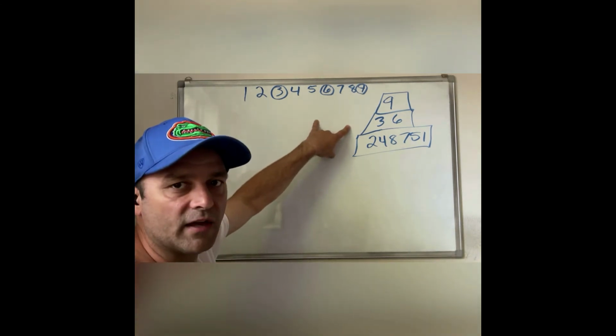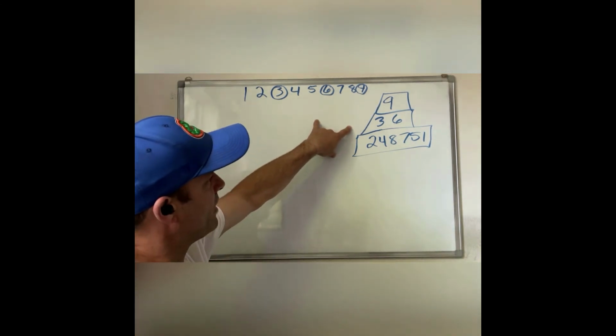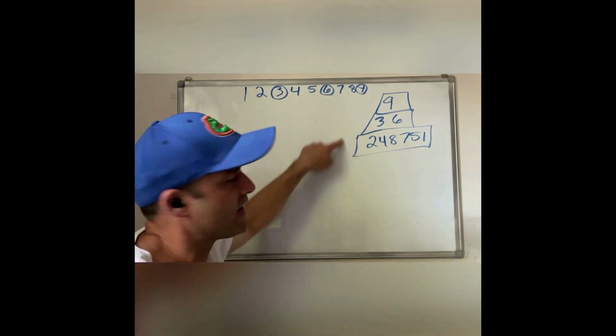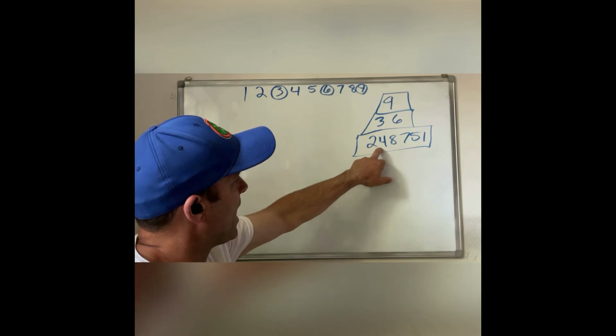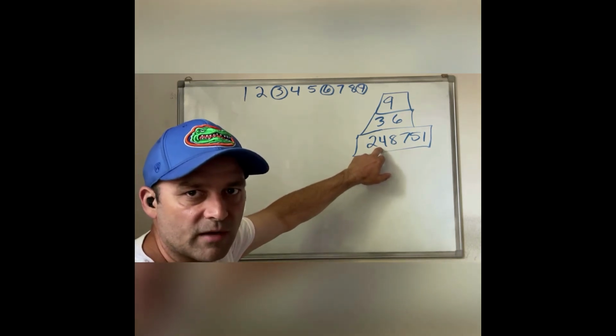So how do we know that? We have to prove that, right? We have to prove that these patterns are correct. So what we're going to do is add these physical world numbers up together.